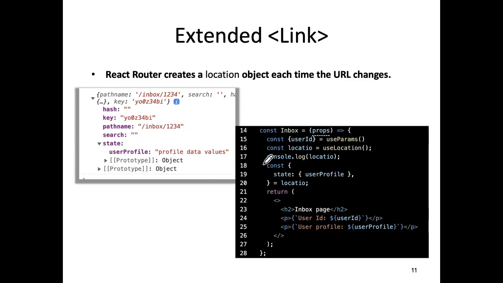So the net effect of this statement is to create a new local variable called userProfile and assign to that local variable the value corresponding to the userProfile property within the state object within my location object. And there's my userProfile property here. So it'll just be a string in my case. More generally, it might be a fully fledged object, but it's just a simple illustration.